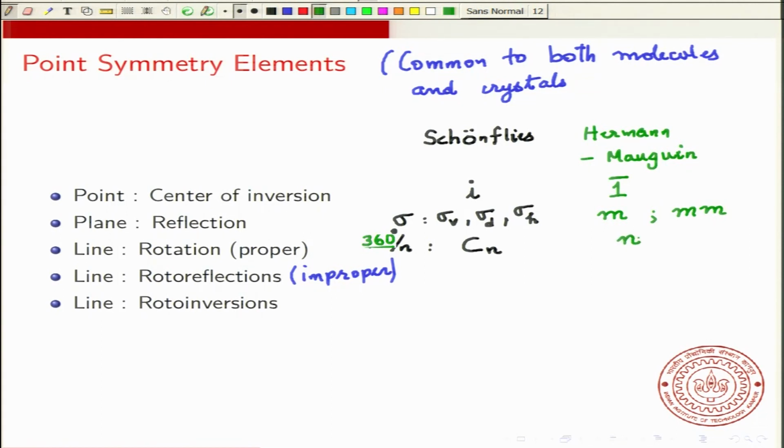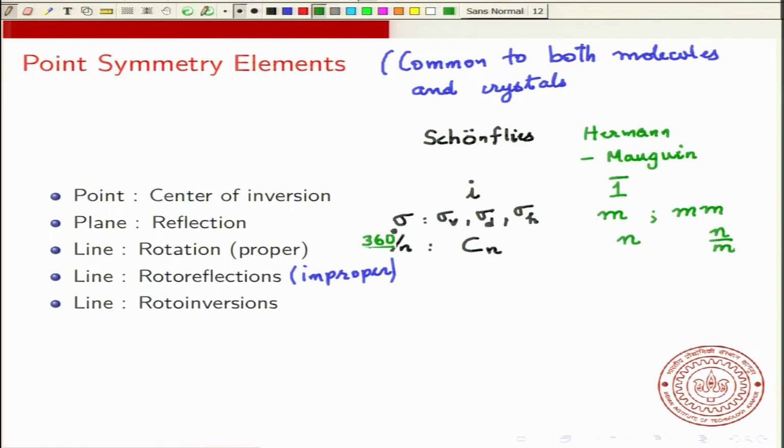And in case you have a mirror and a rotation whose axis is perpendicular to the mirror, then often the symbol n by m is used. A rotation and a perpendicular mirror is denoted by n by m.